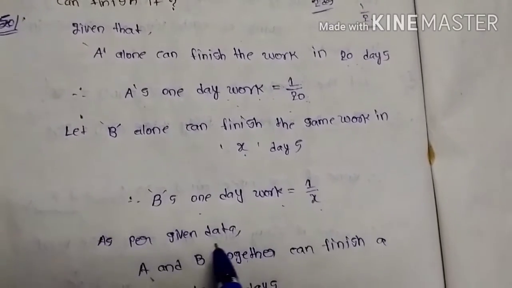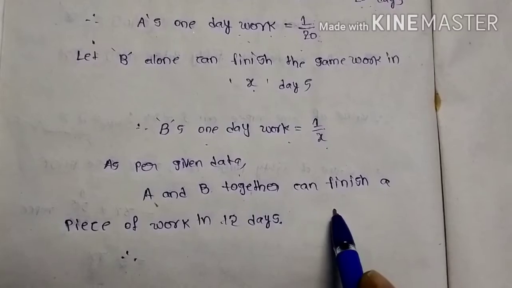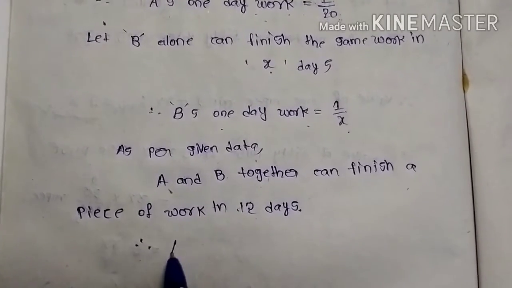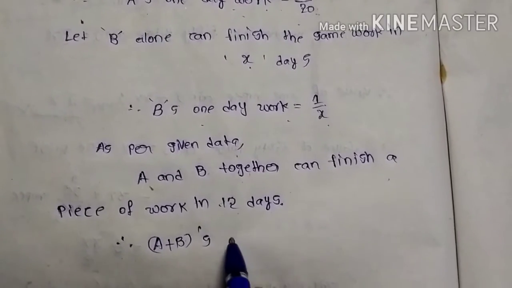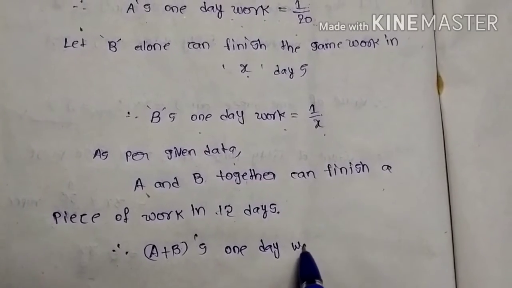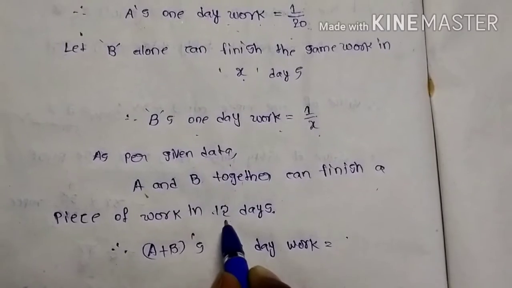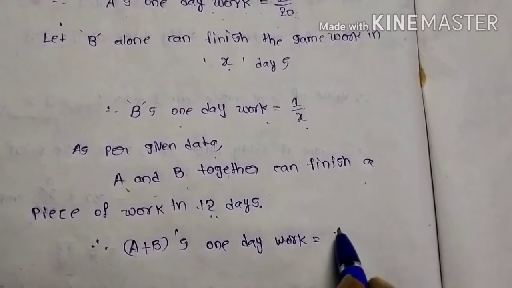Already given that, as per the data, A and B together can finish a piece of work in 12 days. That means you can write here, therefore A plus B's 1 day work is equal to, here A and B together in 12 days, 1 day work means 1 by 12.